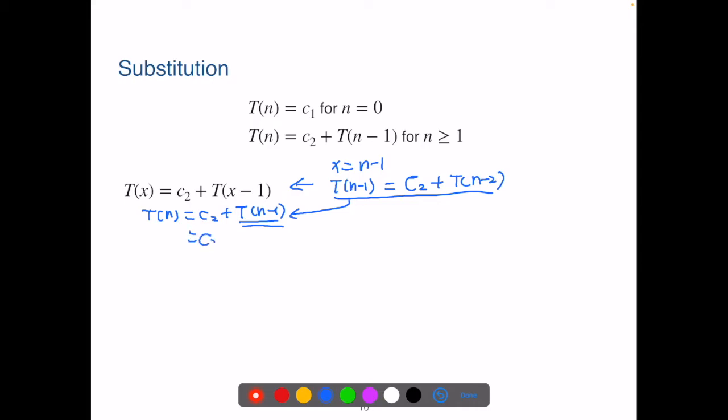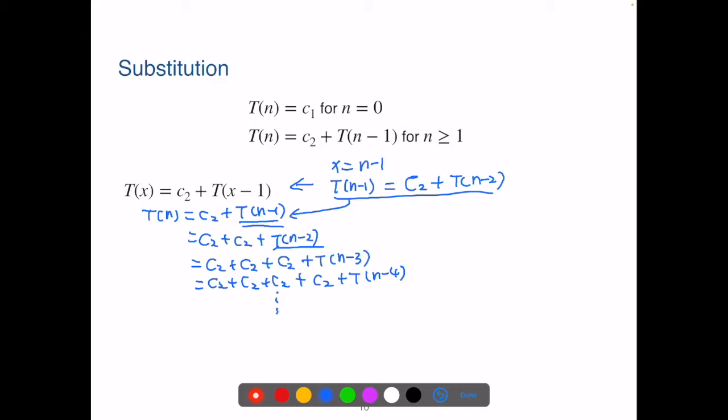So we get C2 plus C2 plus Tn minus 2. And then we can also replace Tn minus 2. That'll give us C2 plus another C2 plus Tn minus 3. And then C2 plus C2 plus C2 plus Tn minus 4.